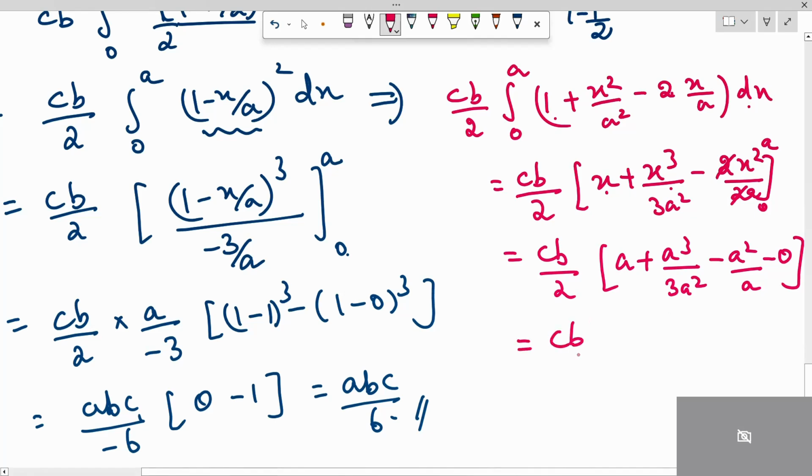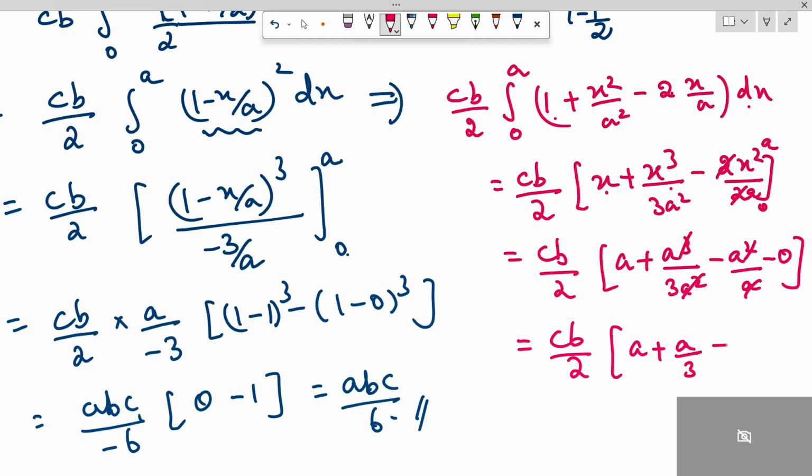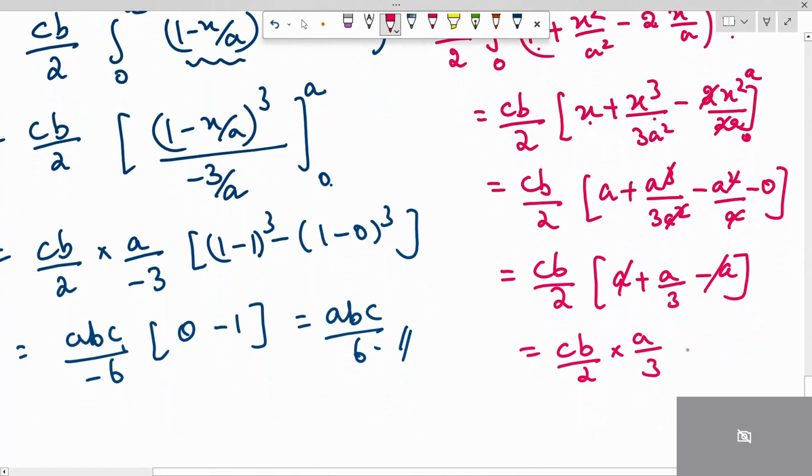Now we can write cb by 2, here we can remove one a square, so only a is there, which is a plus a by 3 minus a. a and a with opposite signs cancel, we are getting cb by 2 into a by 3. Therefore the final answer is abc by 6.